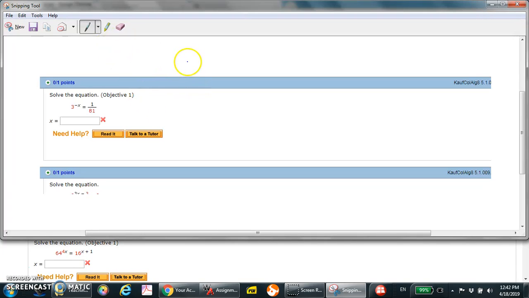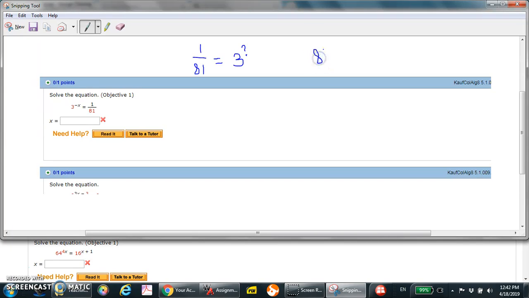So, in order to solve this equation, we have to rewrite 1 over 81 into something whose base is 3 and the exponent is some number.